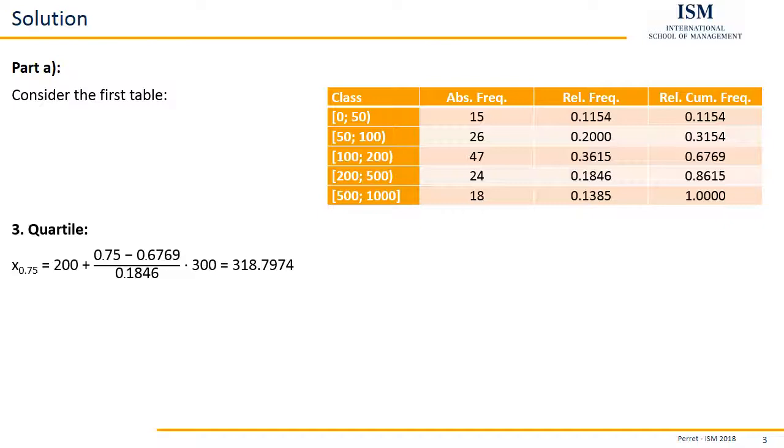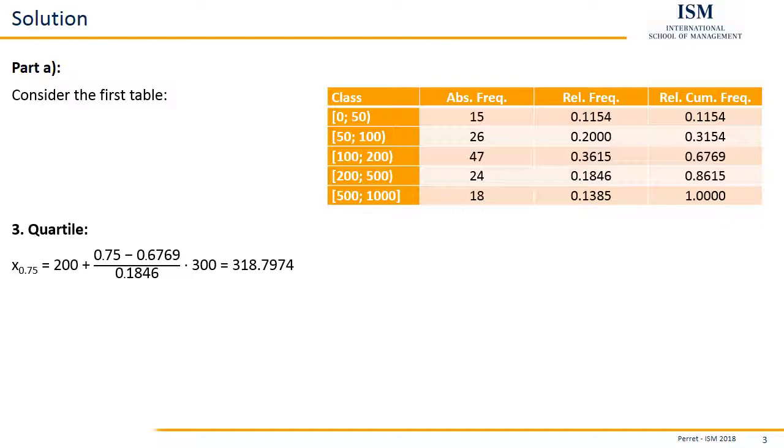So here it's the class 100 to 200, which has a cumulated relative frequency of 0.6769.